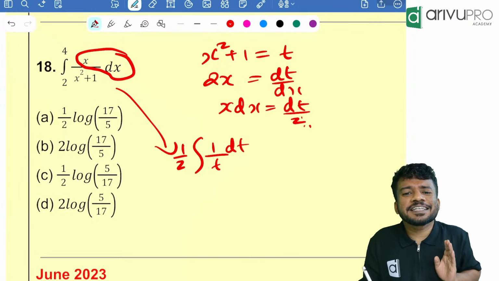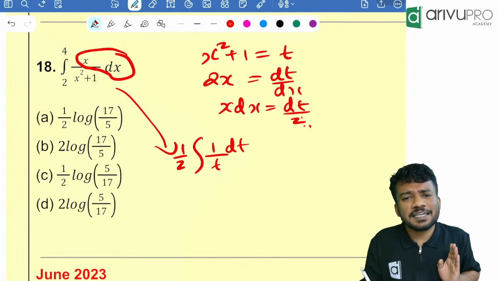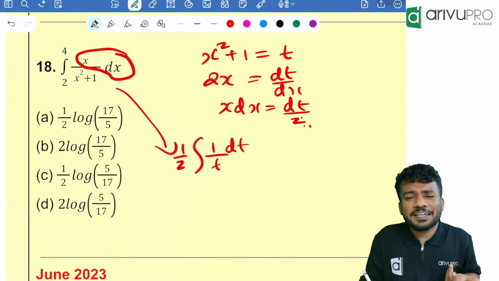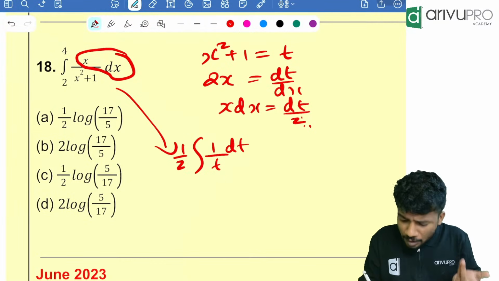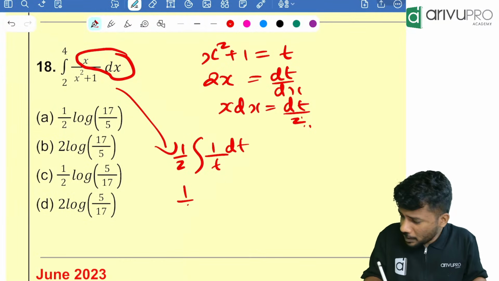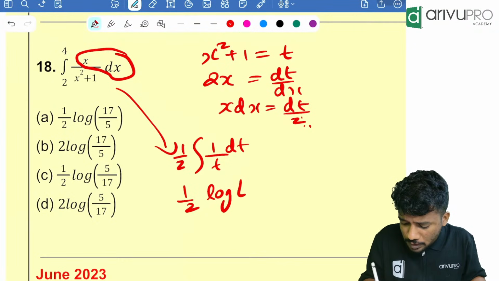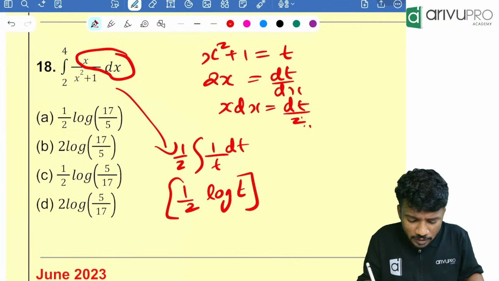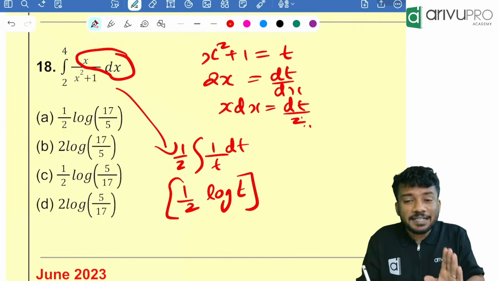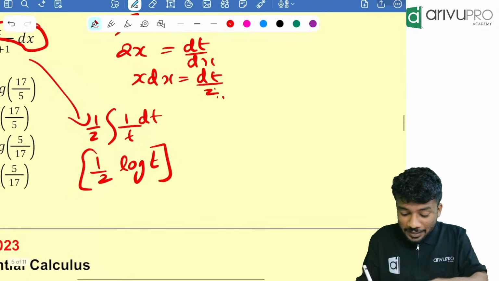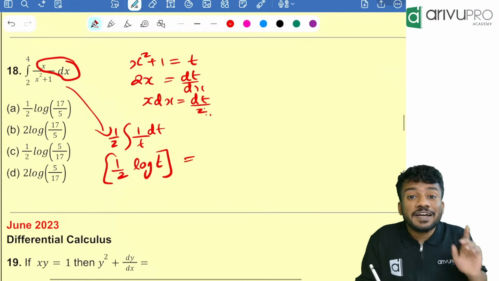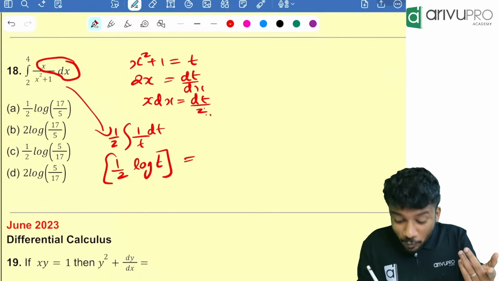What is the integral of 1 by x dx? Log x. So the integral of 1 by t dt is log t, which is nothing but half into log t. We don't want to write it in terms of t, we want to write it in terms of x.